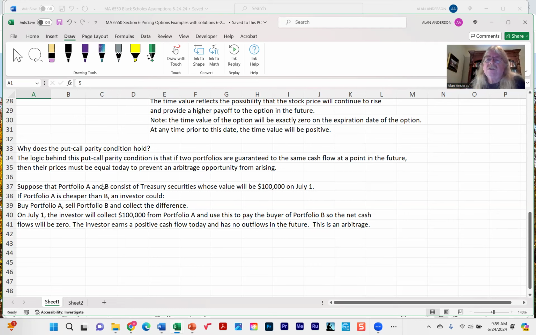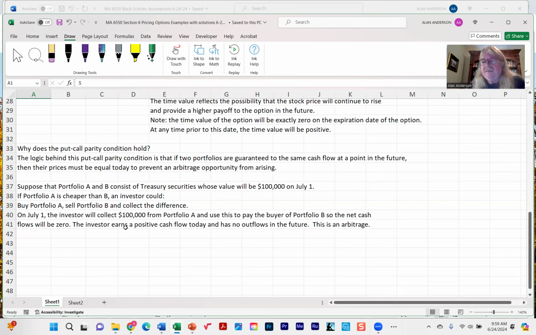Otherwise, here's what you could do. If A is cheaper than B, for some bizarre reason, you could buy portfolio A, and then you could take a short position in portfolio B. Here we're assuming that you have the ability to do this as a trader for a major investment bank. As an individual, maybe not so much, but as a trader for a major investment bank, there'd be no difficulty setting up a short position in portfolio B, where you're basically selling it to somebody else.